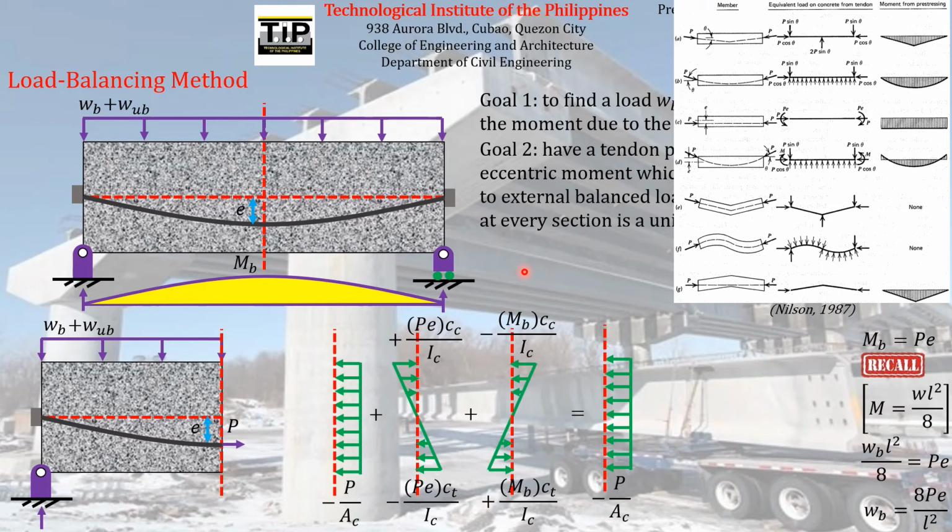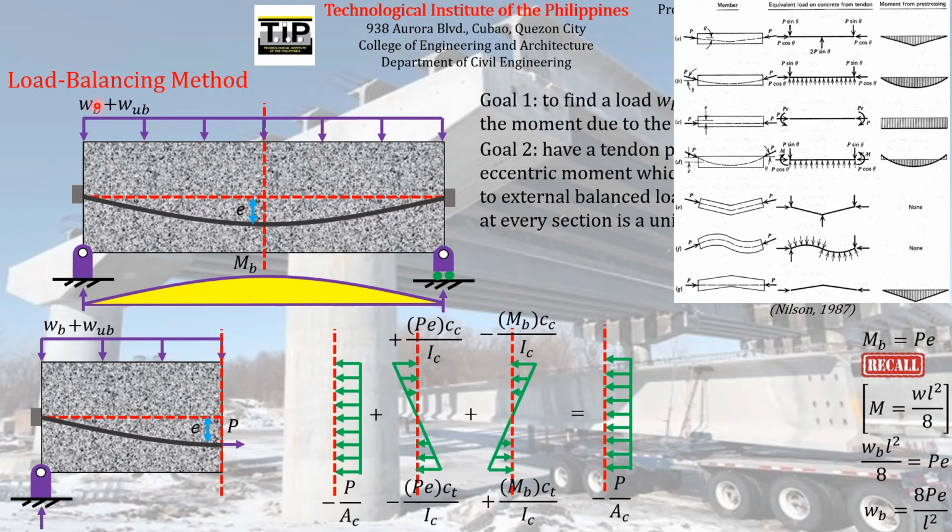So you have to remember, we are in service load condition because that is where the load balancing method can be applied. So you can expect that the sum of the balance load here and the unbalanced load here is just equal to the total service loads.